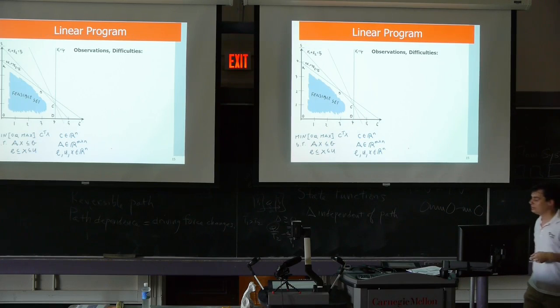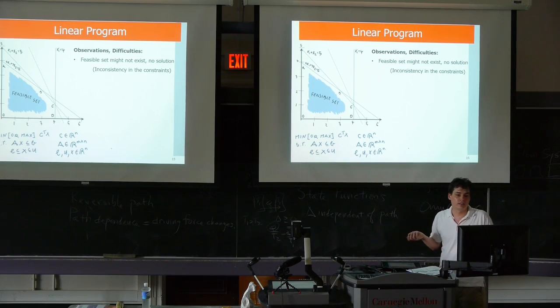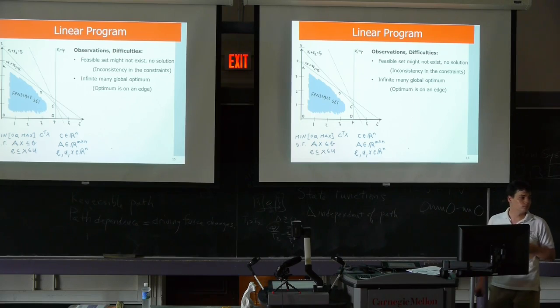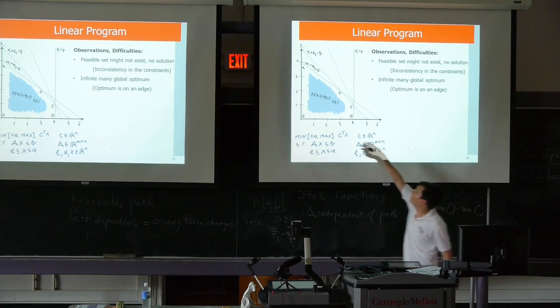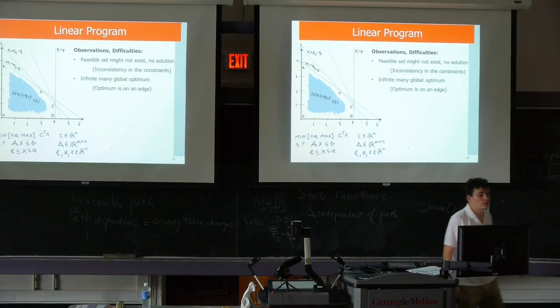Some difficulties: first, the feasible set might not exist. It might happen that the equations contradict each other and then there's no feasible point. The other difficulty is that there might be infinitely many global optima, for example if a whole edge contains the global optimum, so it's not a corner then.